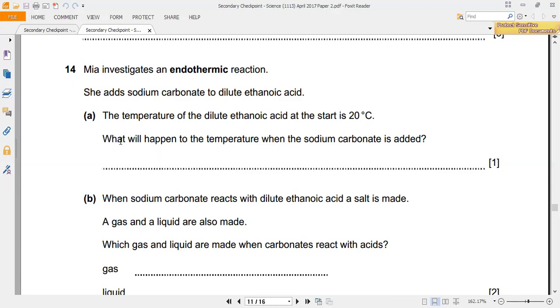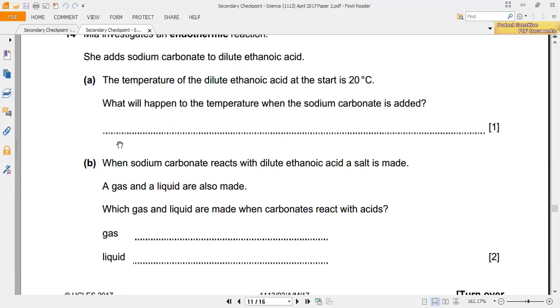B: when sodium carbonate reacts with dilute ethanoic acid, which gas and liquid are made? Of course, the gas is carbon dioxide and the liquid is water. You can write this down because it's important. We have carbonate, CO3.